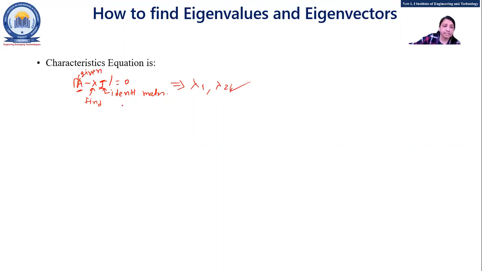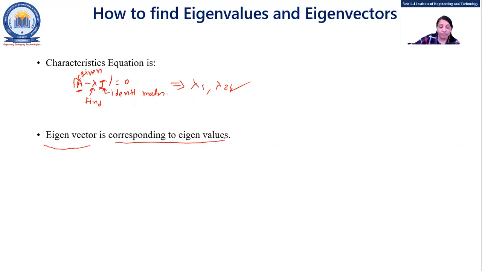Now the next thing is the eigenvector. The eigenvector is always corresponding to an eigenvalue, so it depends upon the number of eigenvalues. Here it's lambda 1 and lambda 2, so we have two eigenvectors, one corresponding to each eigenvalue. How are we going to find the eigenvector?